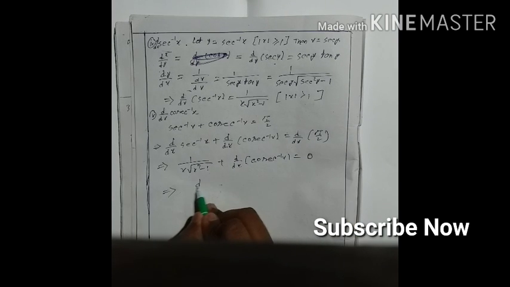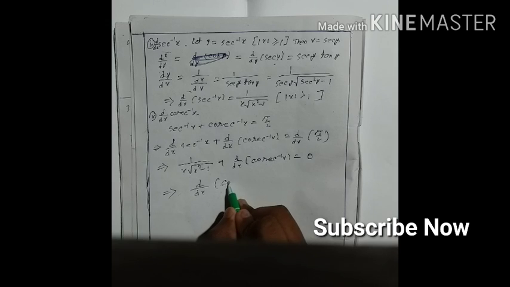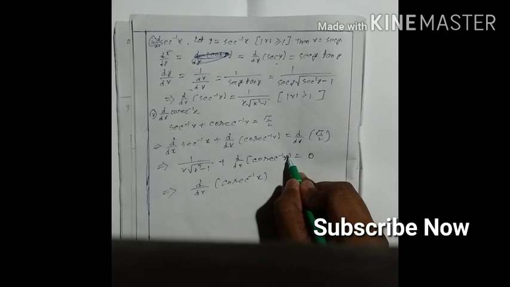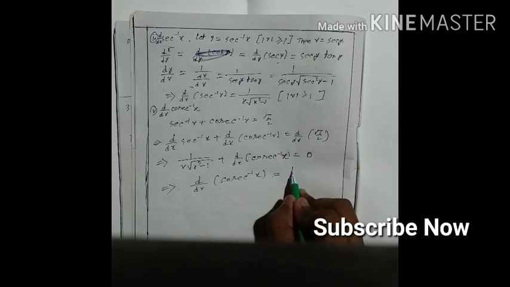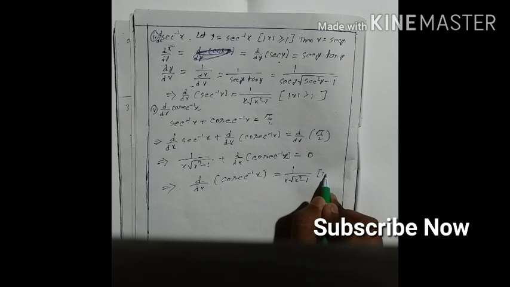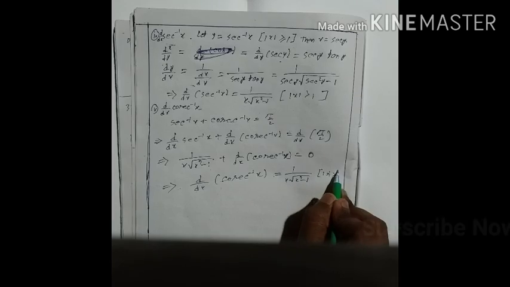This implies the derivative of cosec inverse x is equal to minus 1 by x into root over of x square minus 1, where mod x is always greater than 1.